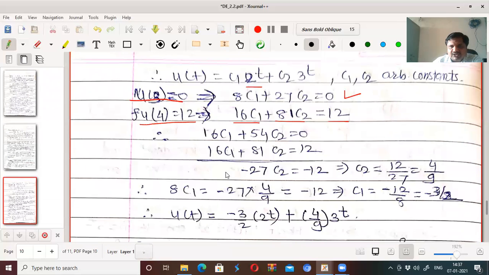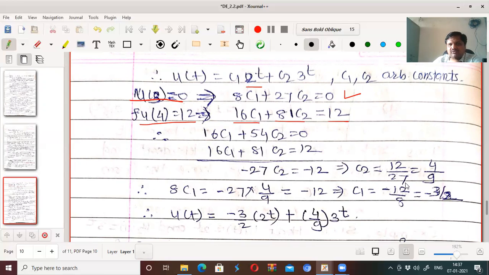So solving these two equations simultaneously, we arrive at 16c1 plus 54c2 equal to 0 and 16c1 plus 81c2 equal to 12. Multiplying equation number 1 by 4 by 2, we get this one. Now eliminate these two, taking subtraction, 54 minus 81, that is minus 27c2 equal to minus 12.